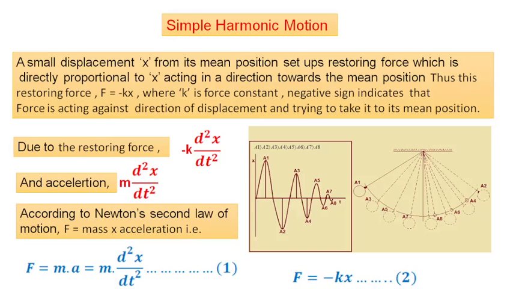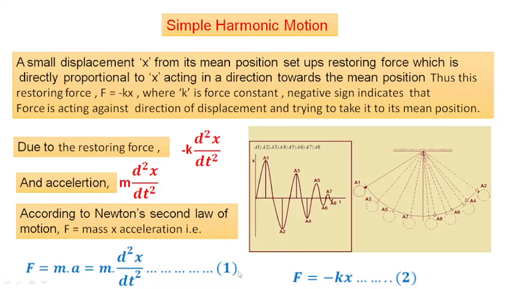According to Newton's second law of motion, F is equal to mass into acceleration, that is F is equal to m a, which is equal to m into d2x by dt2. Suppose this is equation 1.